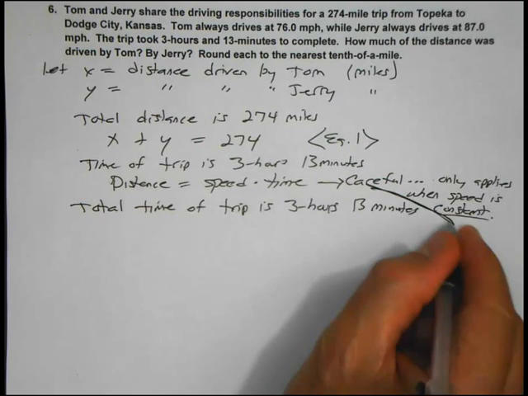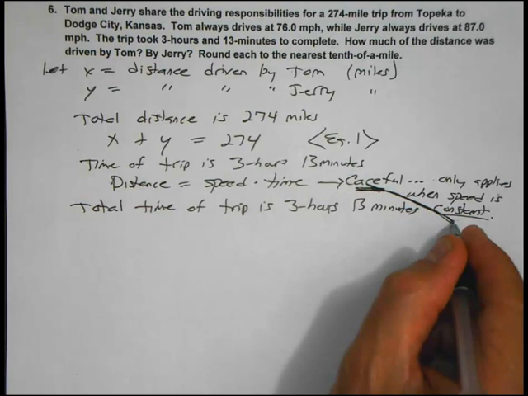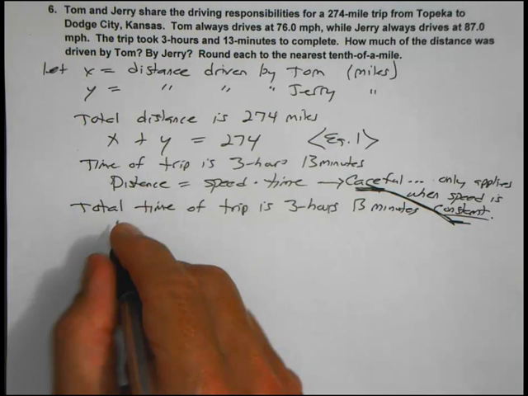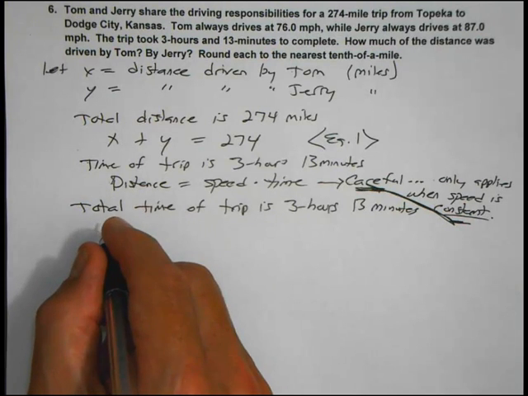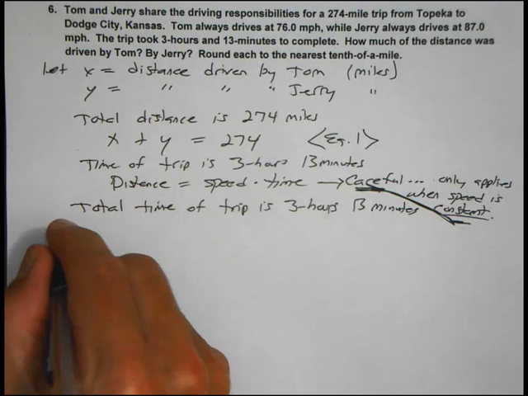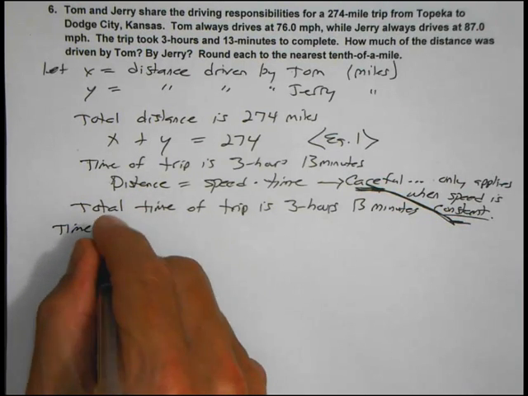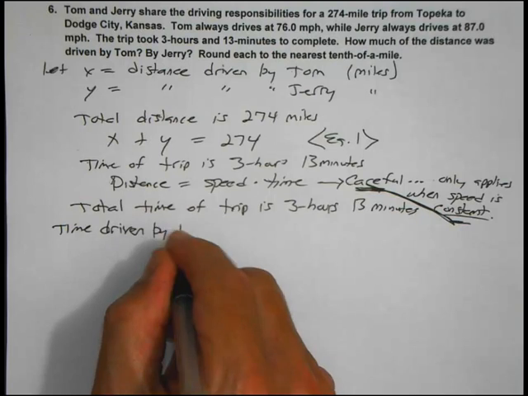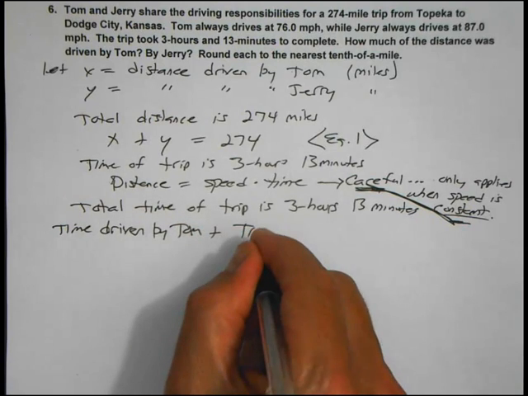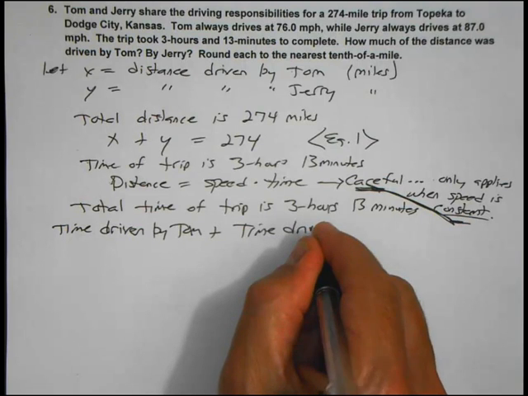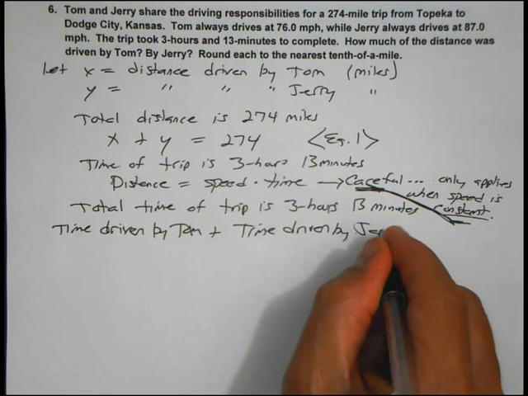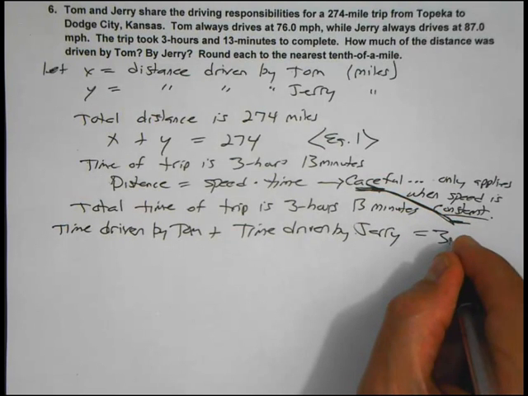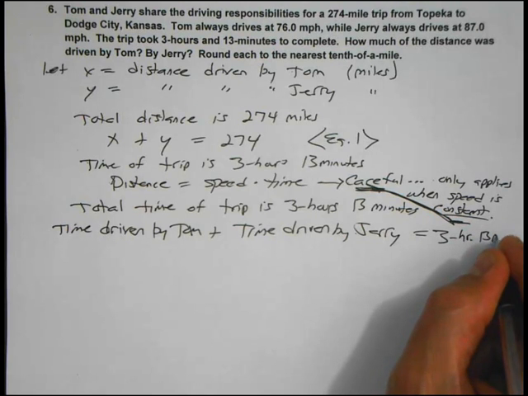Now, where there's a total time, it means it's a sum of two times. And those two times would be the time driven by Tom and the time driven by Jerry. The time driven by Tom plus the time driven by Jerry have got to add together to be the 3 hours 13 minutes.